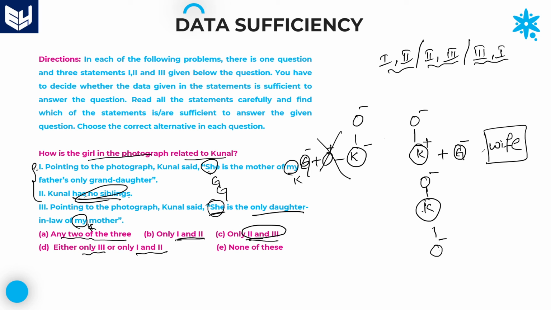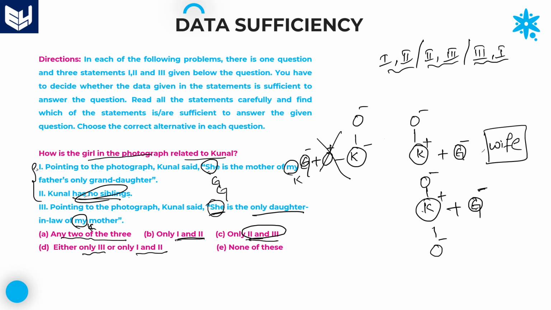The granddaughter's mother, this person, is the wife of Kunal. That person is a girl. We cannot assume Kunal is female.